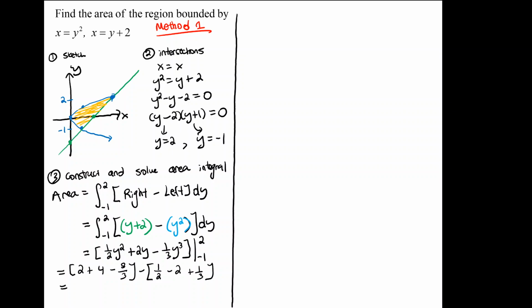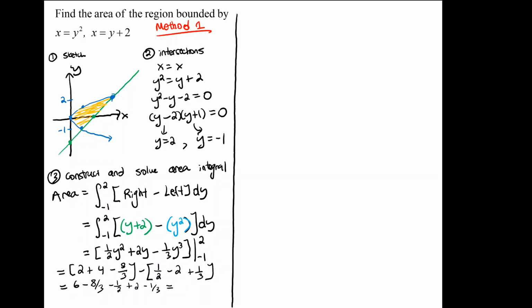And then collect like terms. 2, 4, 6, and then 6 minus 8/3, and then the other piece we have minus 1/2 plus 2 minus 1/3.